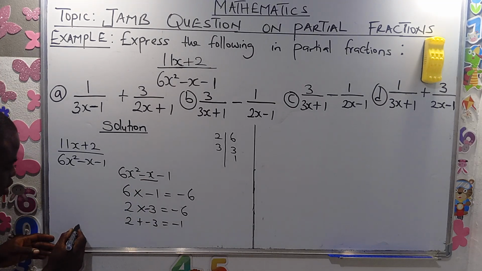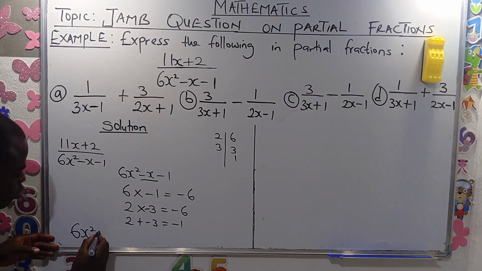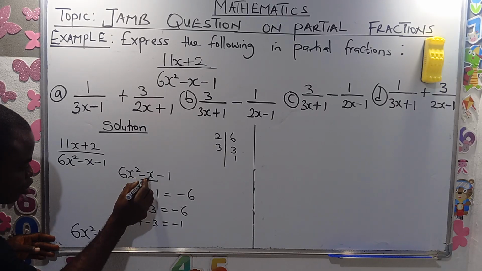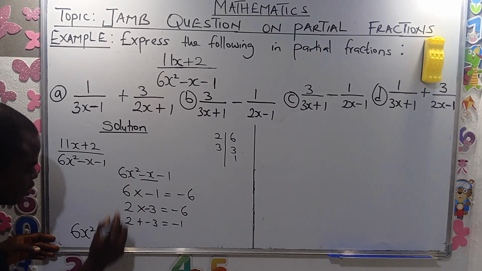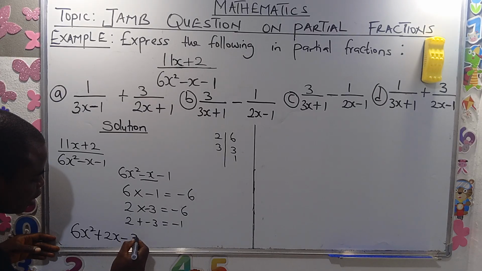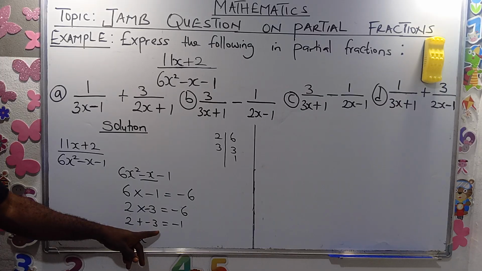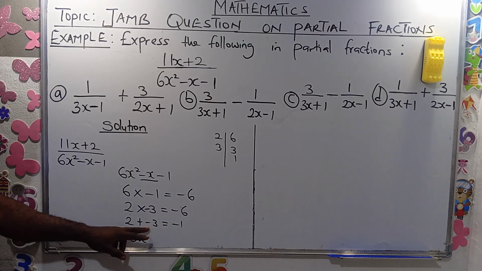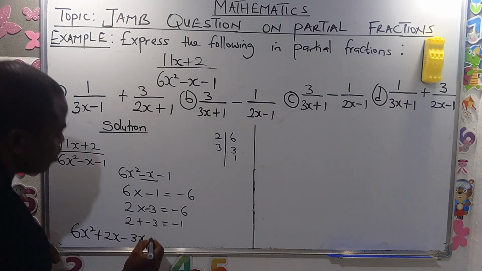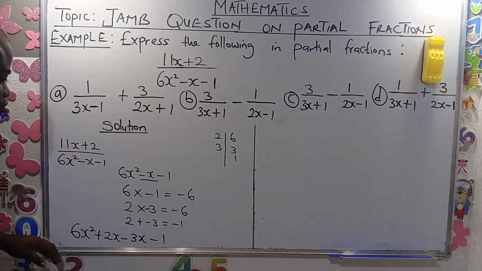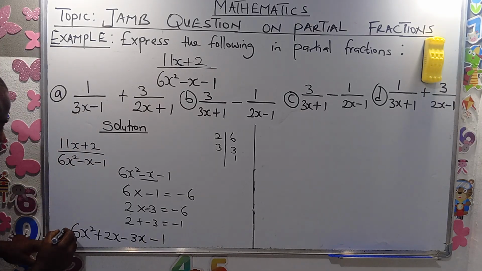Now write 6x squared plus 2x minus 3x minus 1. Make sure you put x there. You don't need to write plus minus 3x, because positive and negative give us negative. Now let's factorize it out.